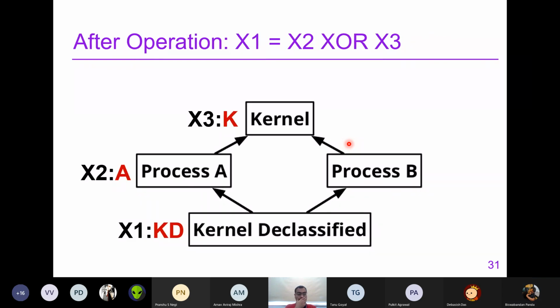The tag is just identifying which process last accessed it or made some changes on it. And each process has a certain security level, right? The process which is at the lowest in this diagram has the lowest security level, and the one at the highest has the highest security level.